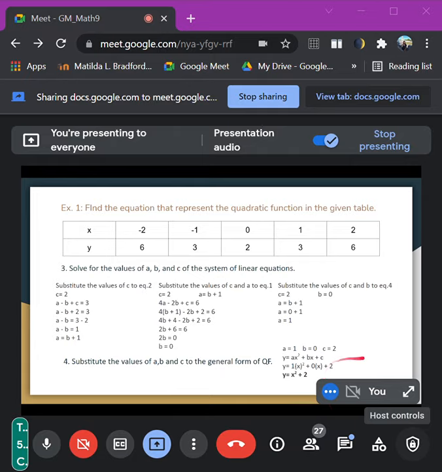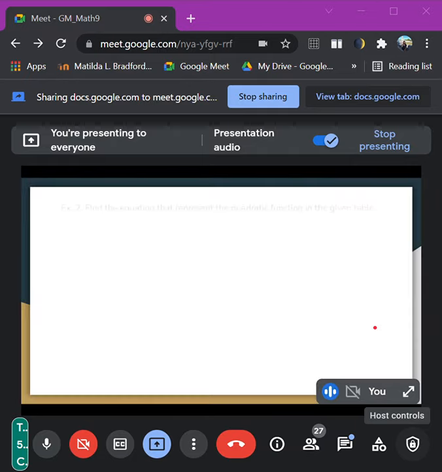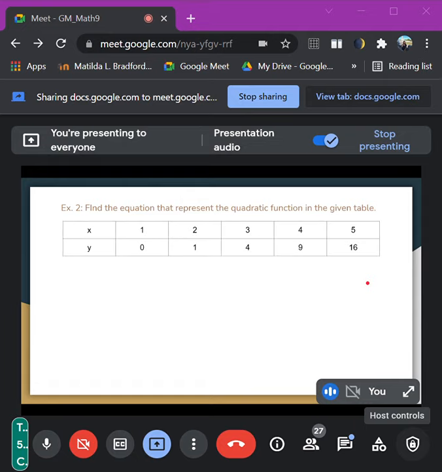Okay. Sige. Now, let's go to our example number 2. So, here is table gyapon ang gihatag and then pangitaon na to ang equation. So, for the table, we have there x niya kay 1, 2, 3, 4, 5. Y is 0, 1, 4, 9, 16. So, same process ng gihapon.